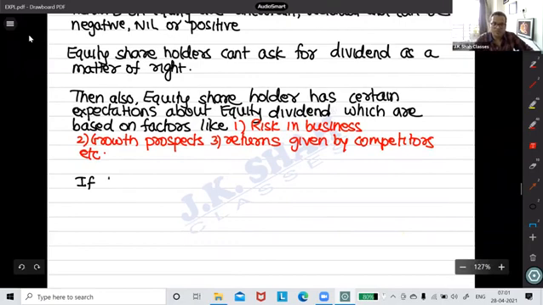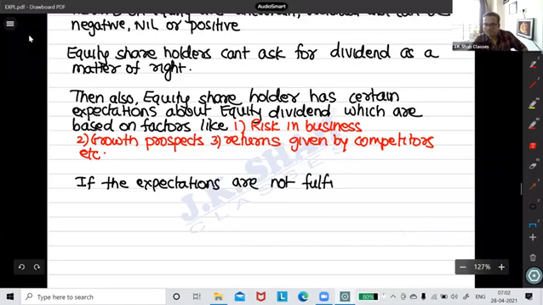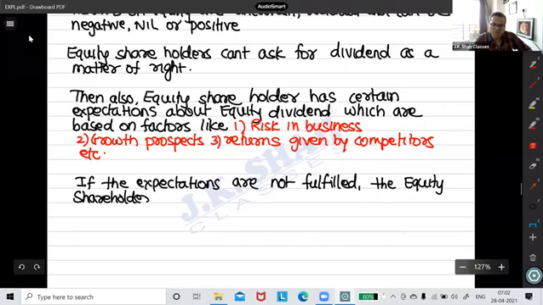If expectations are not fulfilled, the equity shareholders may do what?